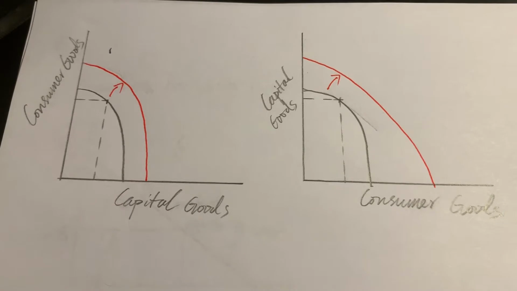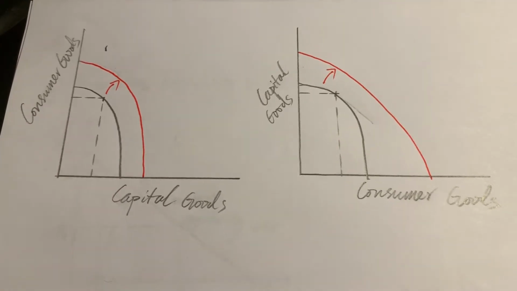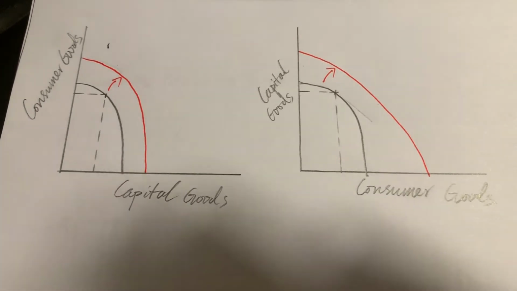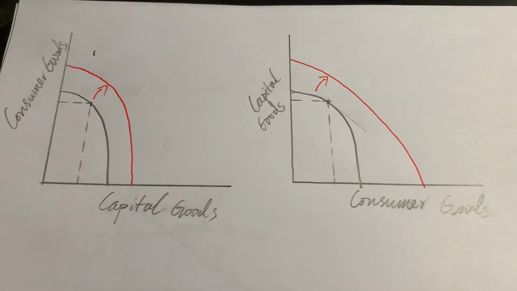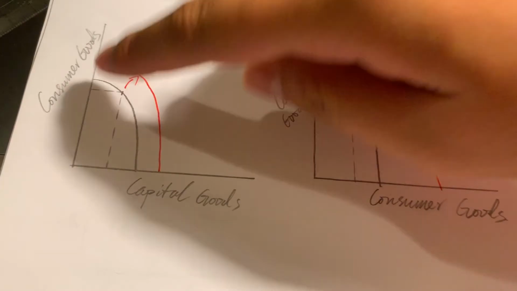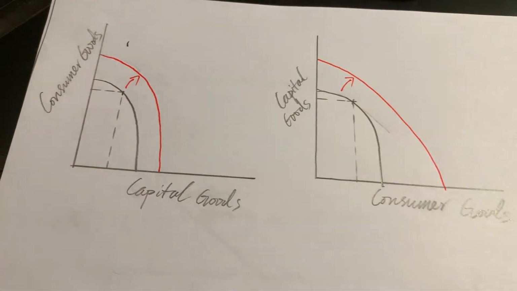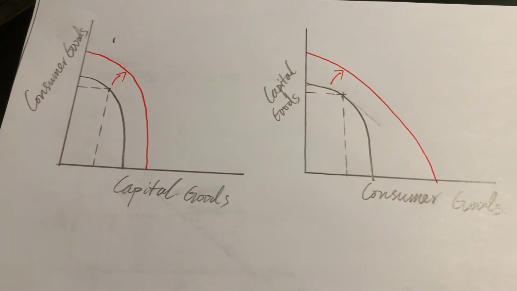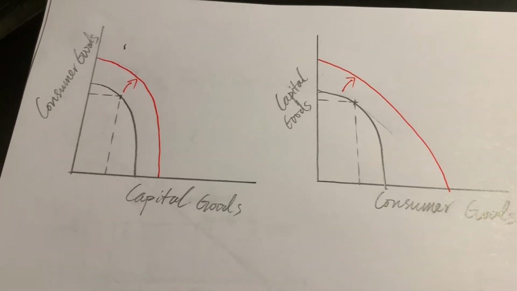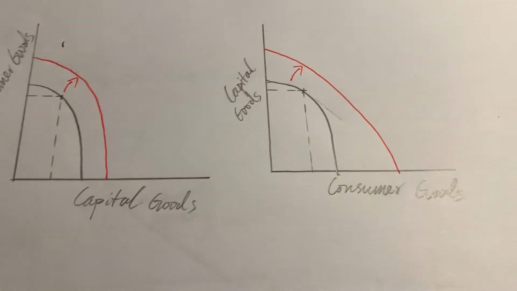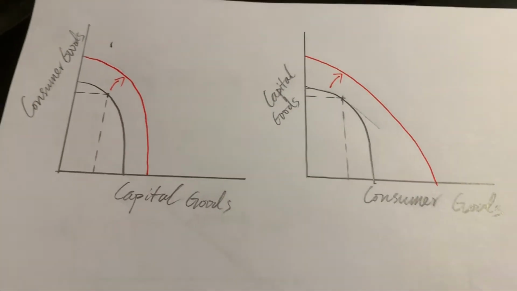Another thing I want to point out is that the graph on the left and the graph on the right are different. This one is consumer goods and this one is capital goods. The first graph focuses on consumer goods instead of capital goods, as shown in this graph.